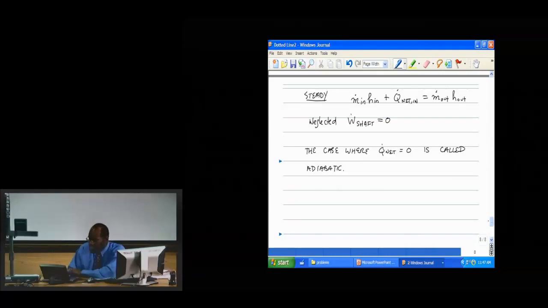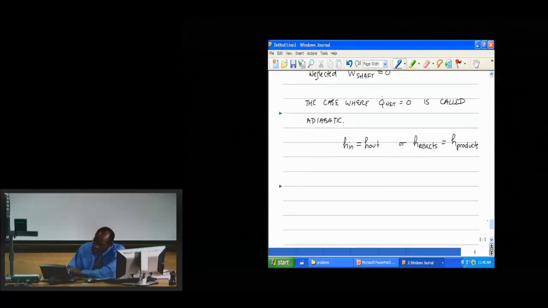It says that H in is equal to H out, or the enthalpy of the reactants is equal to the enthalpy of the products. Now, enthalpy for gases has an interesting property. For an ideal gas, which is a good approximation for a lot of our problems, dH is equal to the specific heat capacity times dT. This is the mass specific heat capacity.